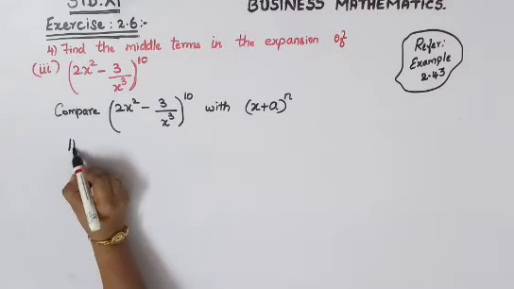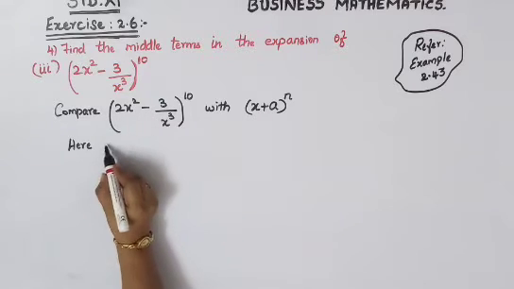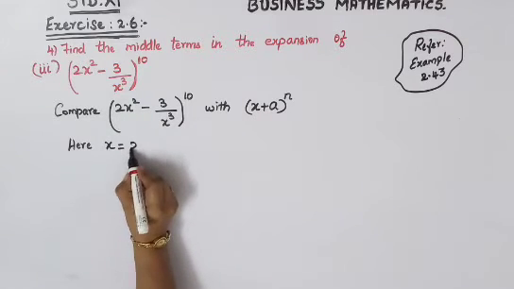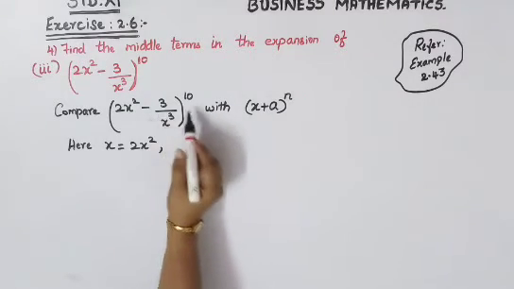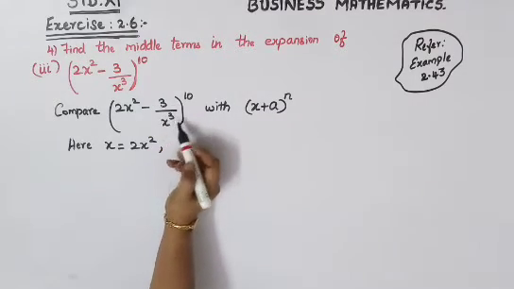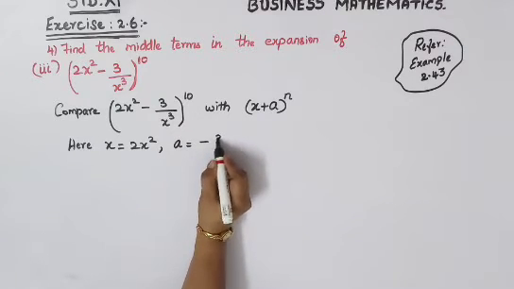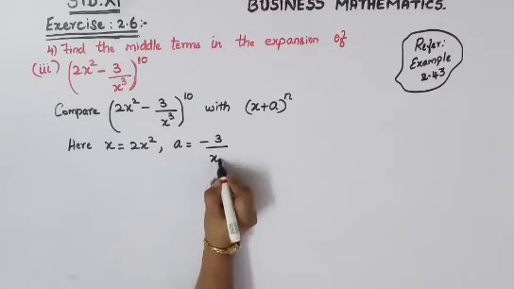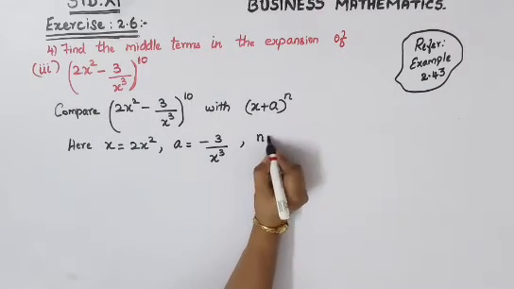So here, in the place of x we have got 2x square, so x is equal to 2x square. In the place of a we have got minus 3 divided by x cube. So write with your symbol, a is equal to minus 3 divided by x cube. And in the place of n we have got 10, so n is equal to 10.